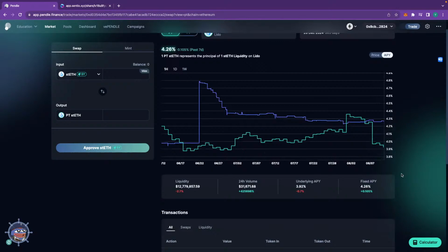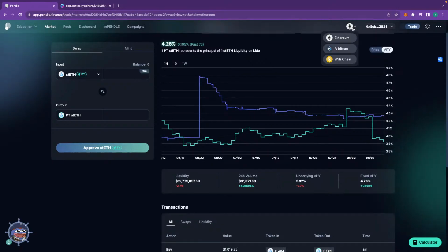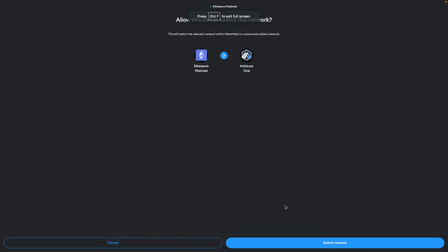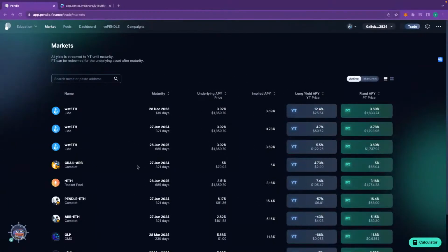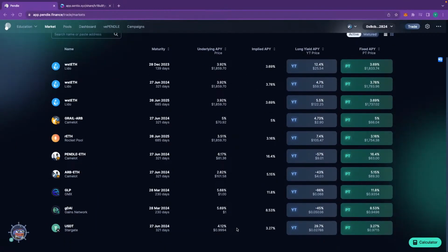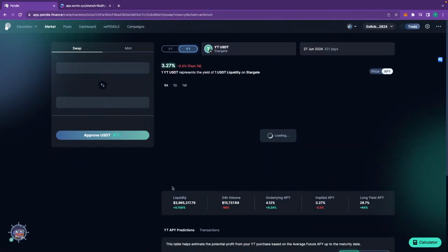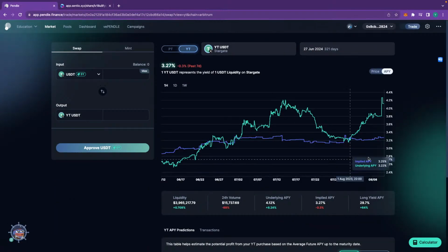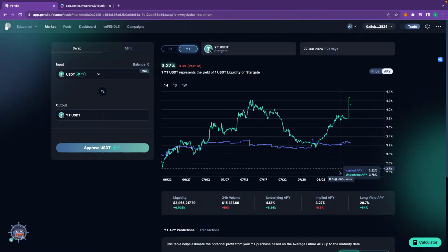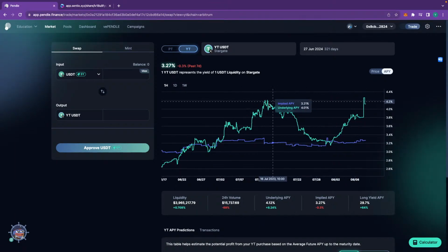Let's move on to the next market, which is the USDT market in Arbitrum. Similar to the Ethereum market, the long yield APY is also very high, and you can see that underlying APY has been consistently higher.